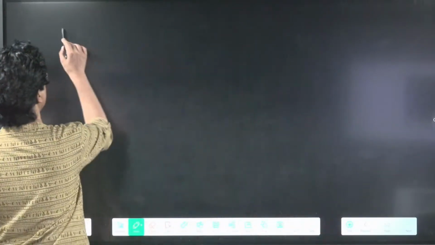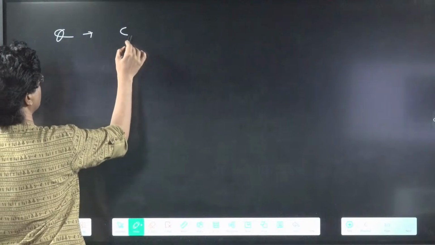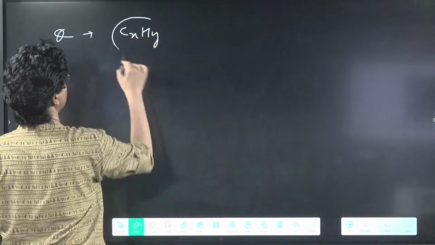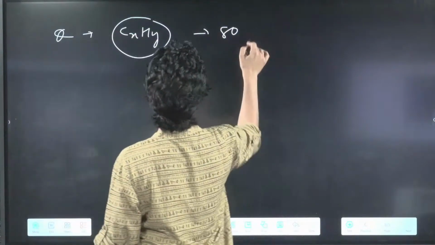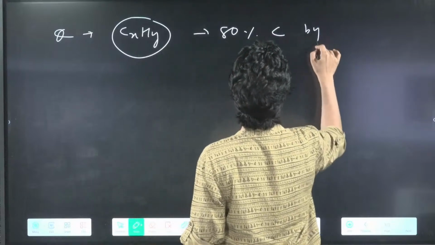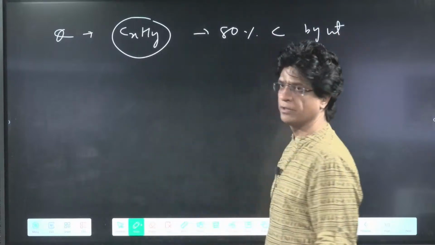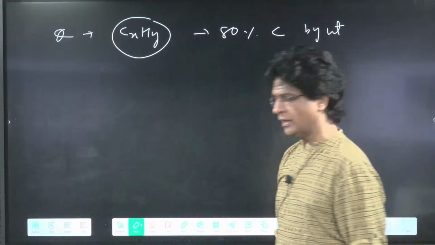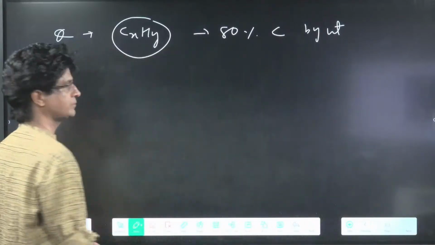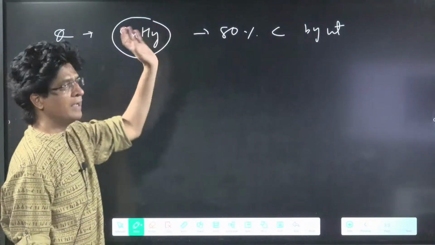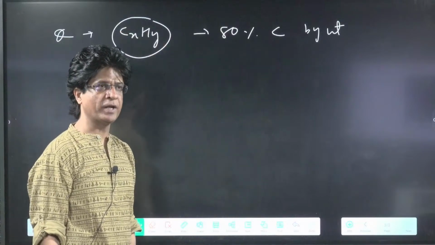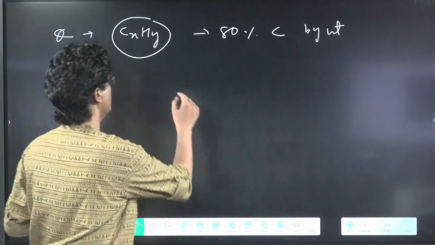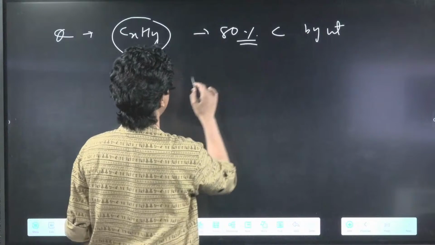So I'm giving you the question: a hydrocarbon contains 80% carbon by weight and the rest is hydrogen. Getting it? So find the empirical formula of the hydrocarbon. Whenever they give you percentage, begin on 100.